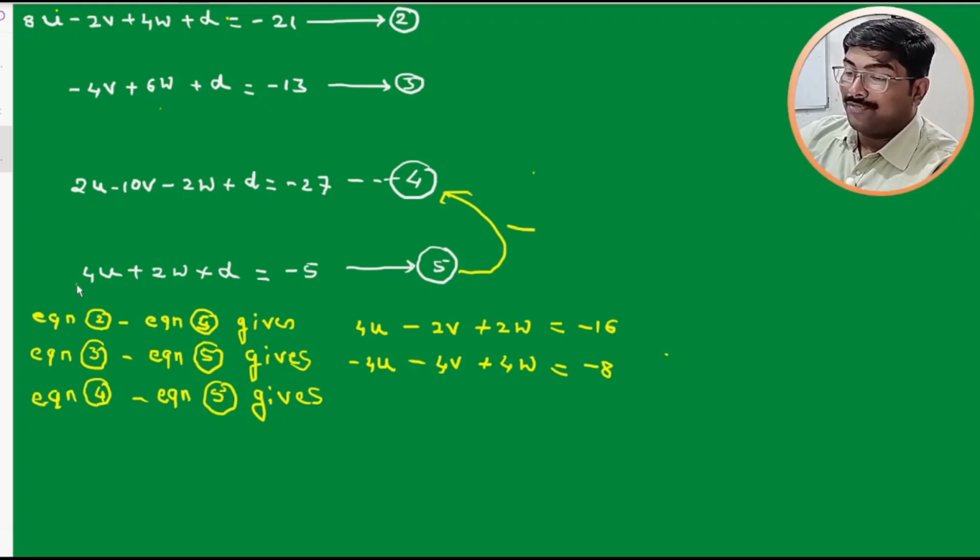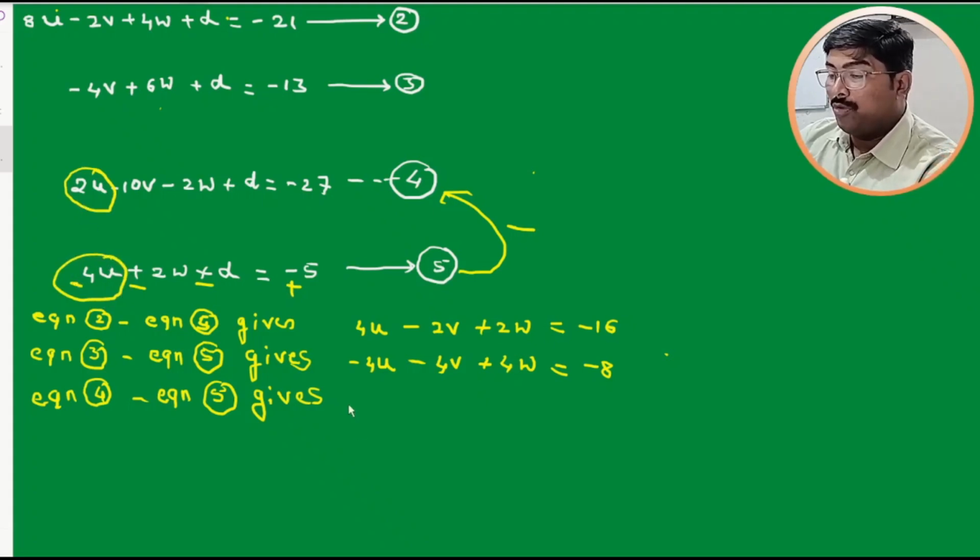So after subtracting the sign changes, that is you will get minus 4u. Here we are having plus means write down minus. Here also plus d means you have to write down minus, and here we have to write down plus. From equation 4 we have plus 2u, and from equation 5 after subtracting we have minus 4u. So 2u minus 4u is equal to minus 2u.